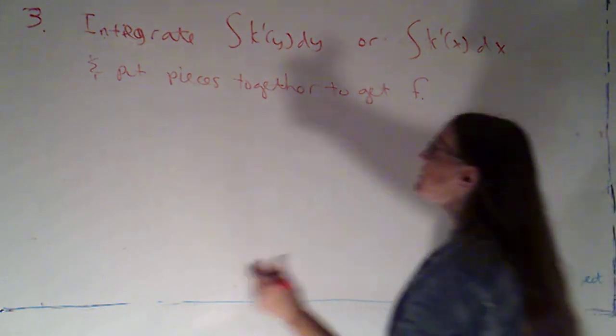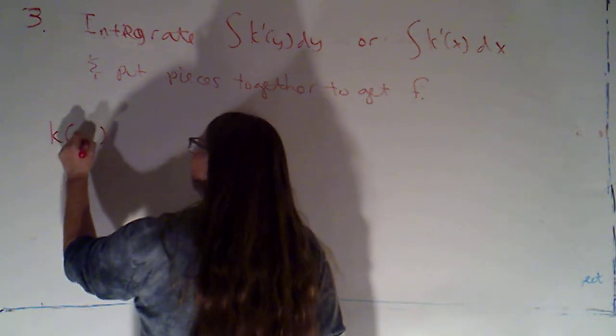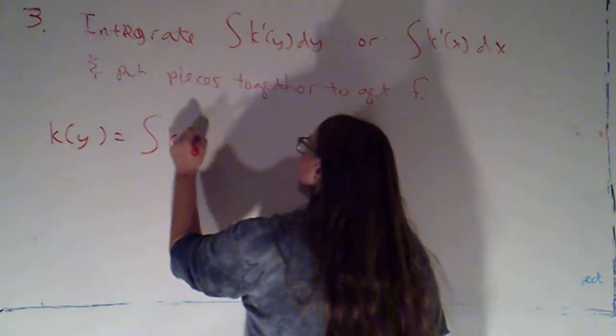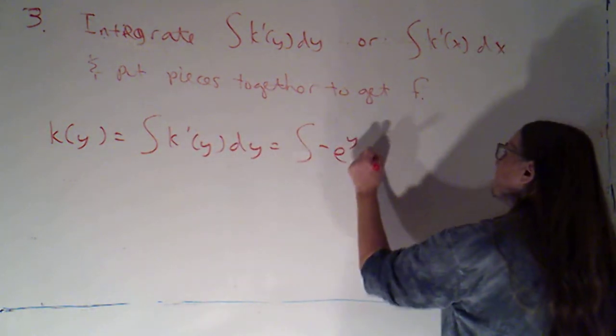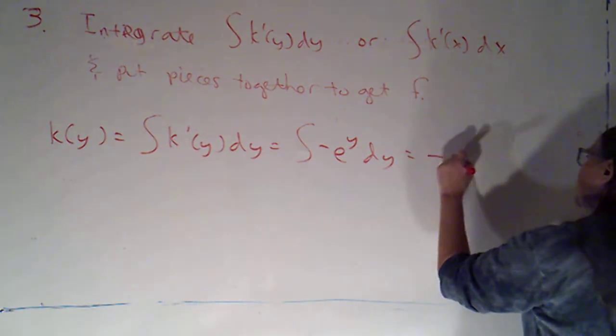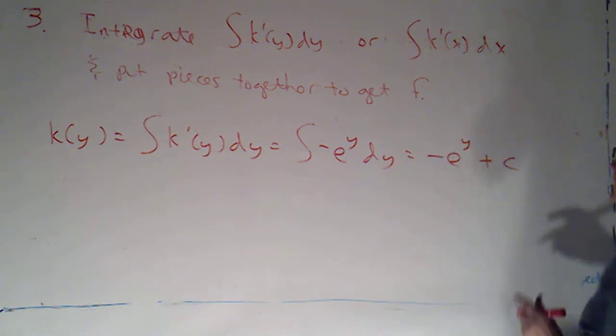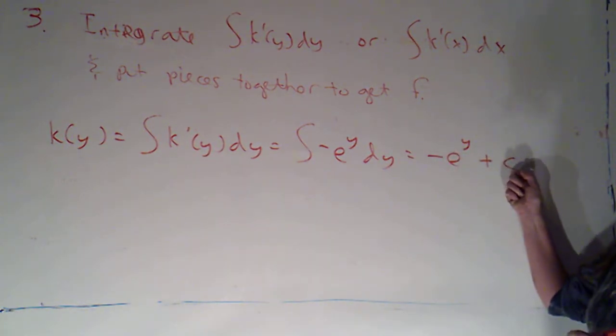Okay. So I can say k of y is the integral of k prime of y dy. So it's the integral of negative e to the y, which is just negative e to the y plus c. And this is an honest-to-goodness constant.